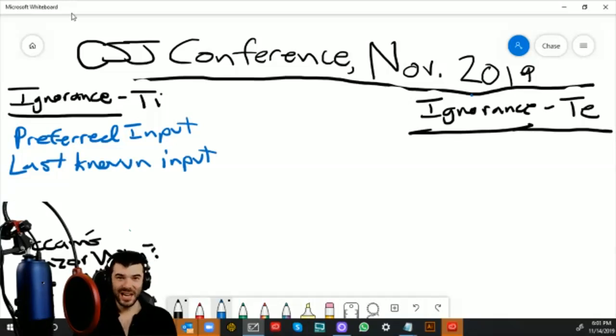Oh, and I thought TI users were supposed to be all about true, false, and all about the absolute truth. Yeah, guess what? TI users could still be ignorant, and this is how it is. If you're a TE user, you need to call out your TI user on these premises immediately. You need to figure out if they are going off of preferred input or last known input.